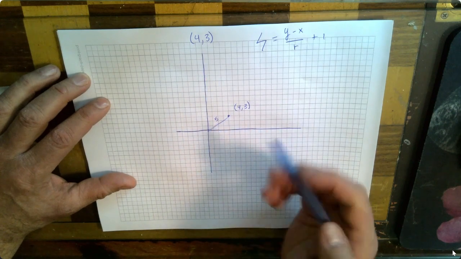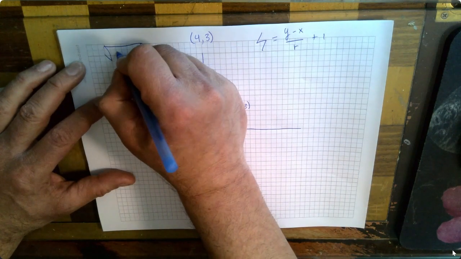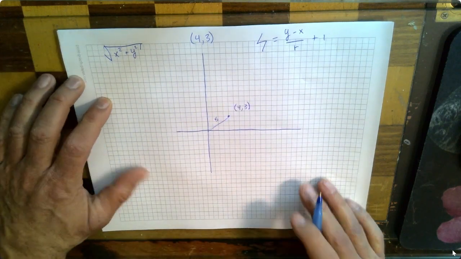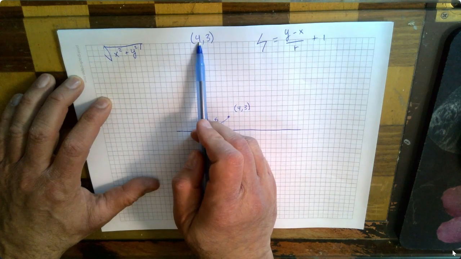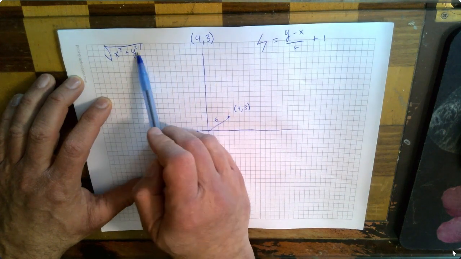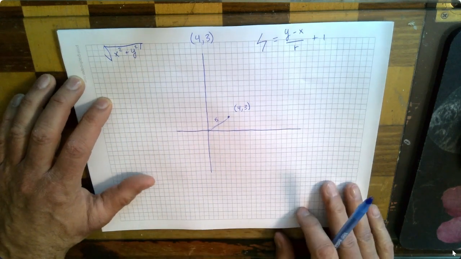If you don't know the hypotenuse, you can always calculate it: the square root of your x-coordinate squared plus your y-coordinate squared. You add those together and take the square root, and that is the distance to your point.